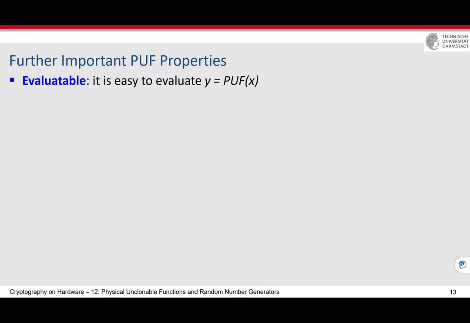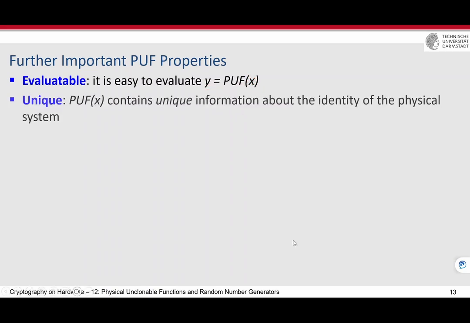Then it should also be evaluatable, meaning you just have an x challenge, you give it to the PUF, and you get the response. This is the definition. It should be unique, meaning the PUF should contain unique information about the identity of the physical system, so it should not be a deterministic function. As I said, it should be physically unclonable, otherwise it's not unique.